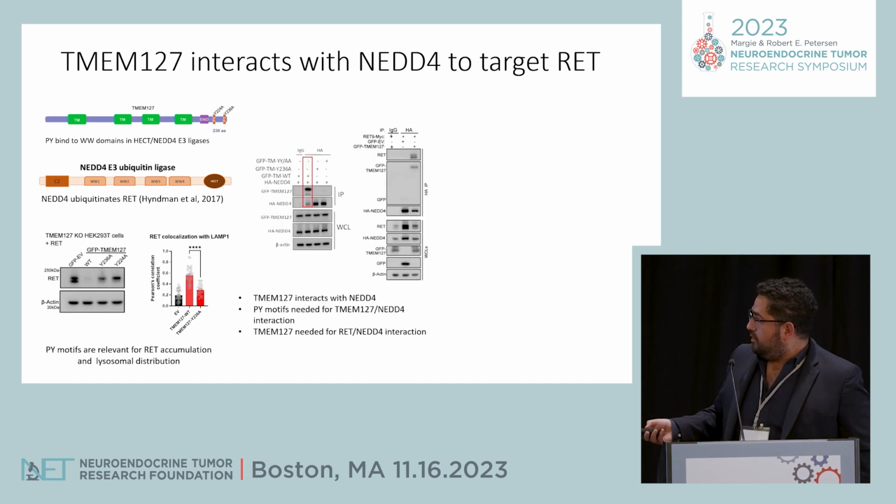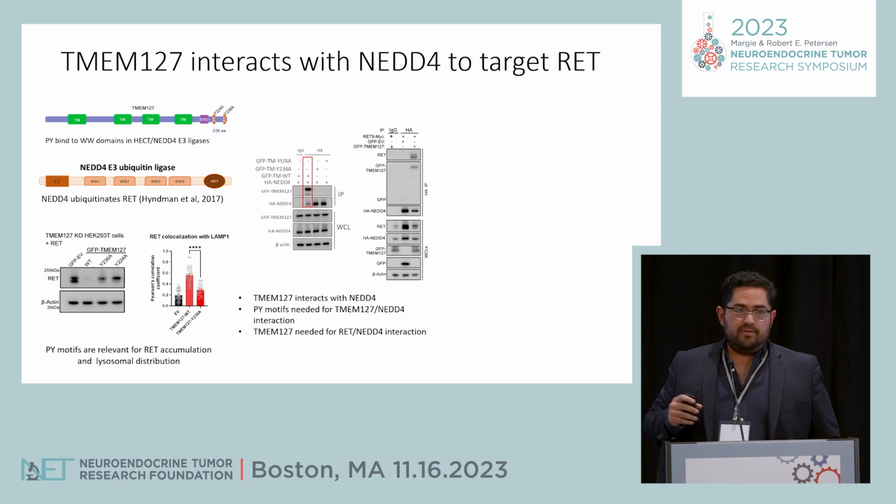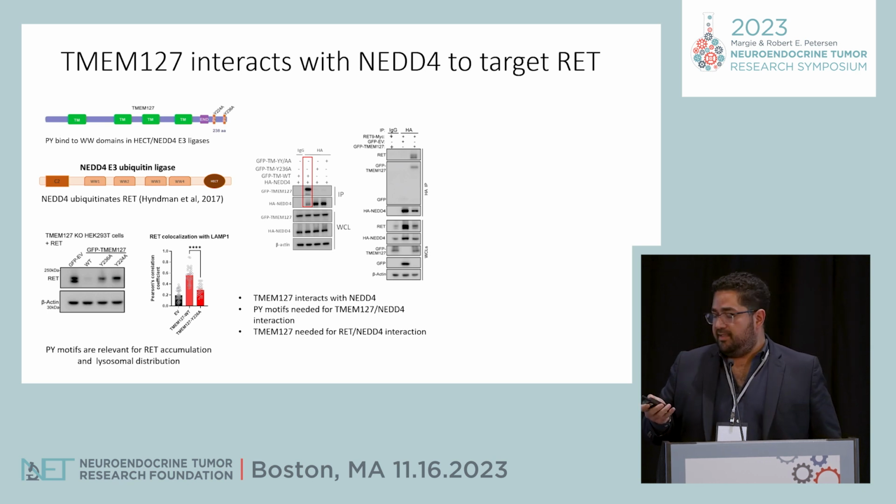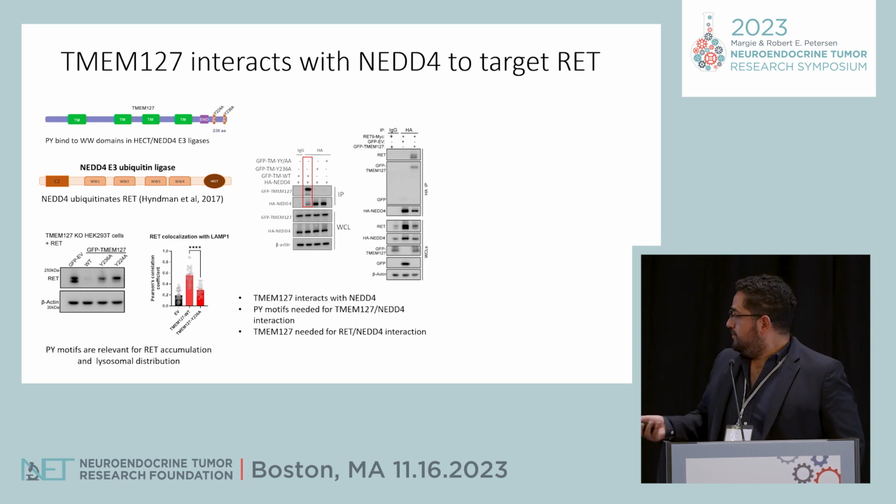Furthermore, we showed that TMEM interacted with NEDD4 in a PY-dependent manner, so the PY mutants failed to interact with NEDD4, and TMEM was needed for the RET-NEDD4 interaction, which built our model so far that TMEM and NEDD4 interacted in cells to target RET for downstream events that were TMEM dependent.